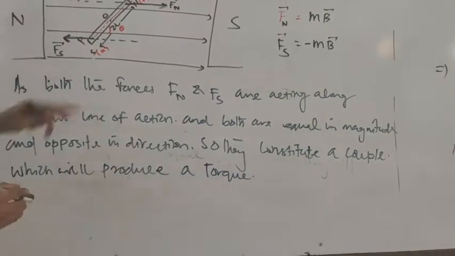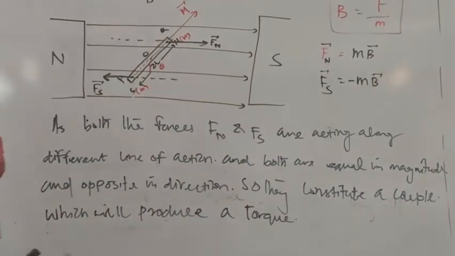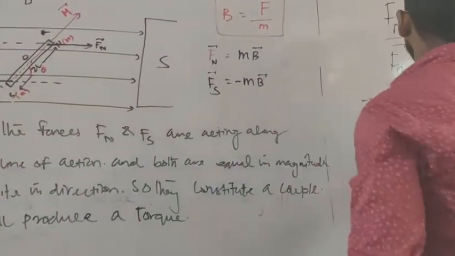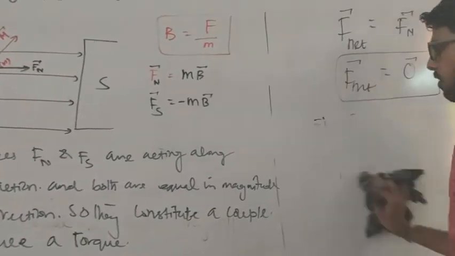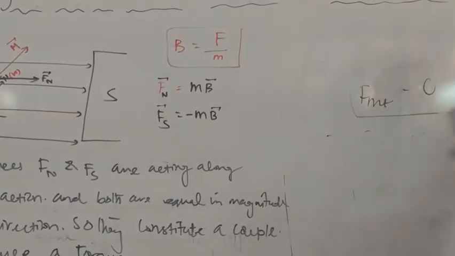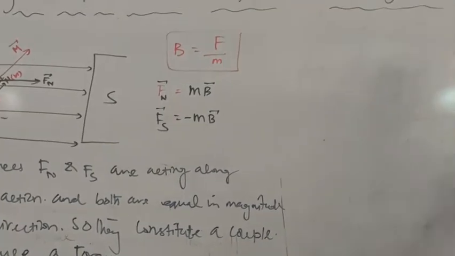Due to the couple there will be a torque produced, for which the dipole will observe a turning effect. So how to calculate the torque which will be produced due to the external magnetic field when a dipole is present in the field?